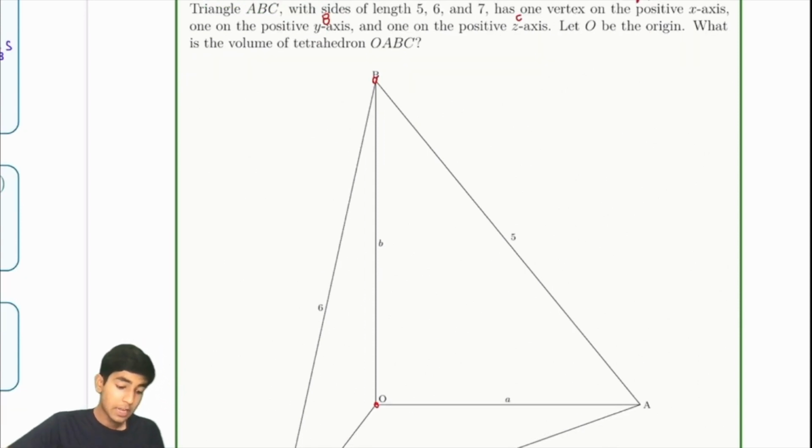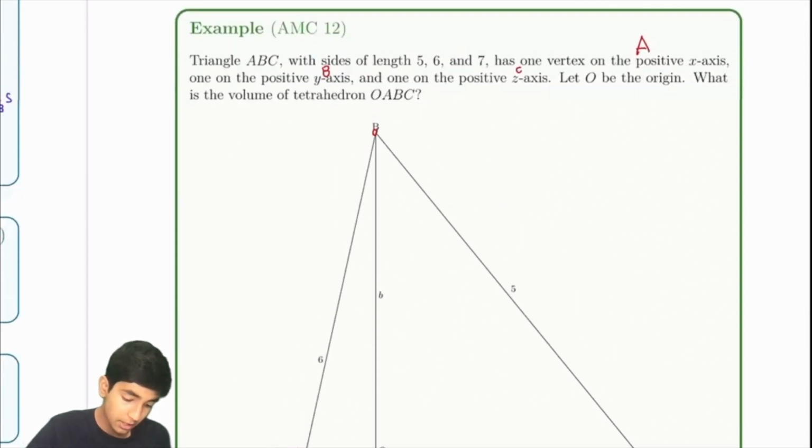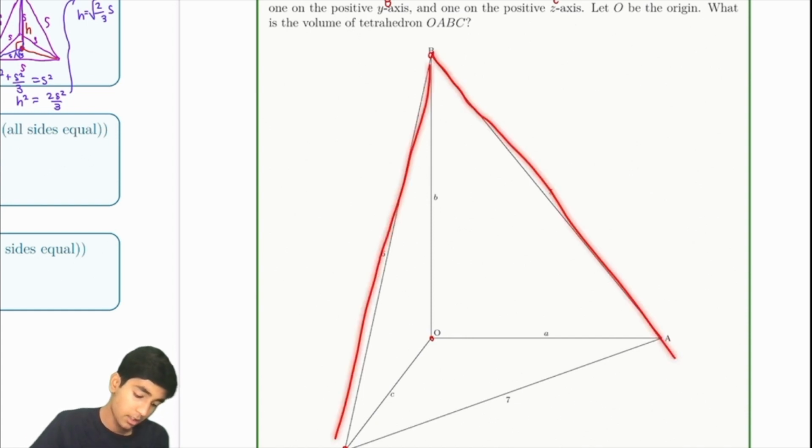What is the volume of tetrahedron OABC? So this is like a corner, you can imagine. We're given, as you can see in the diagram, sides 5, 6, and 7. I've already marked them for you.